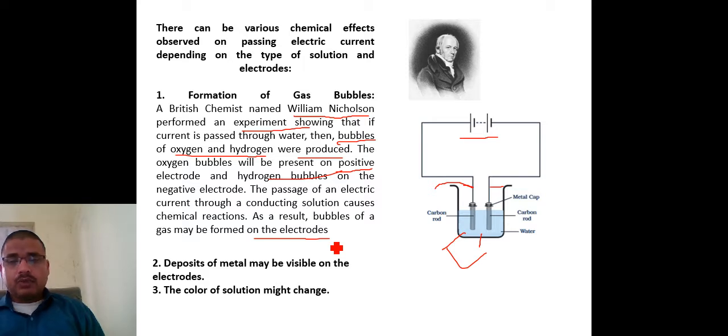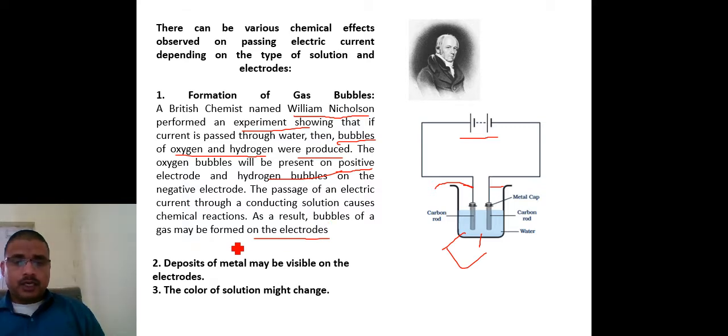On the positive electrode, the oxygen is collected, whereas on the negative electrode, the hydrogen is collected. This is an example performed by William Nicholson and shown in the experiment, and this is basically a chemical effect of electricity.